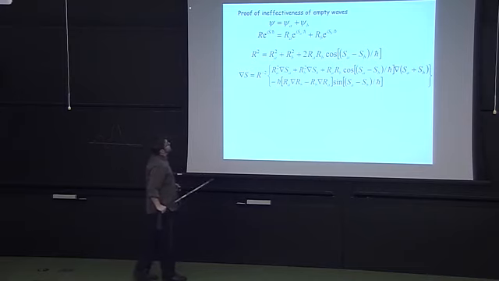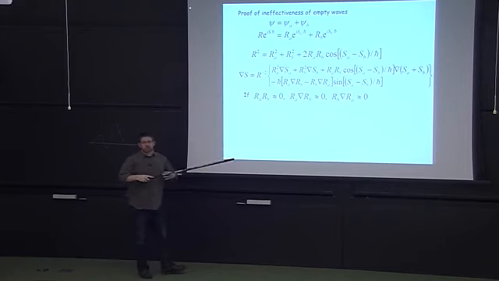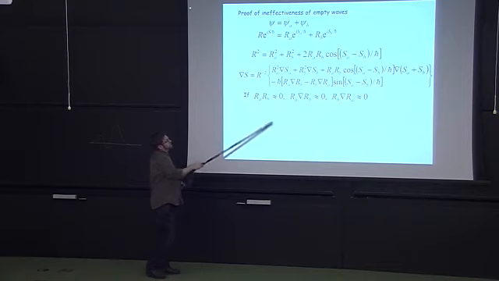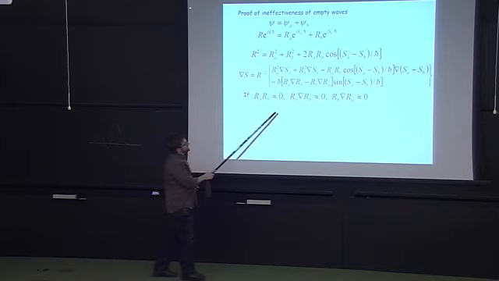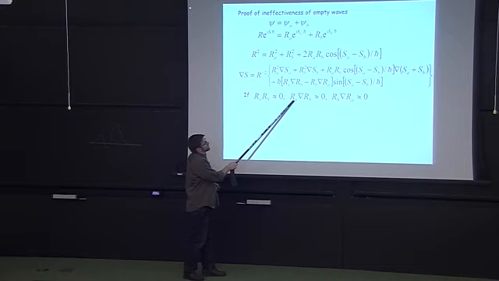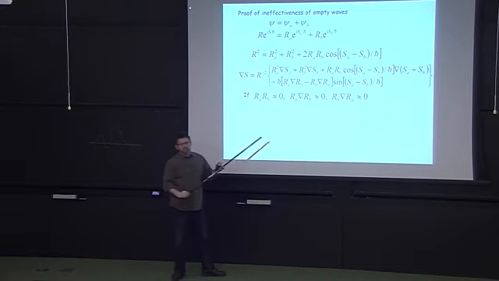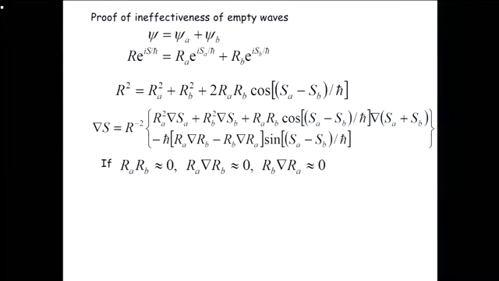Now assume that psi A and psi B have different, non-overlapping spatial supports. So R_A, the modulus of psi A, times R_B gives approximately 0 everywhere in space. Furthermore, I'm going to imagine that the gradient of R_B is close to 0 wherever R_A is appreciable. So not only is R_B close to 0 wherever R_A is appreciable, it's also smooth in that region, and similarly with A and B reversed.